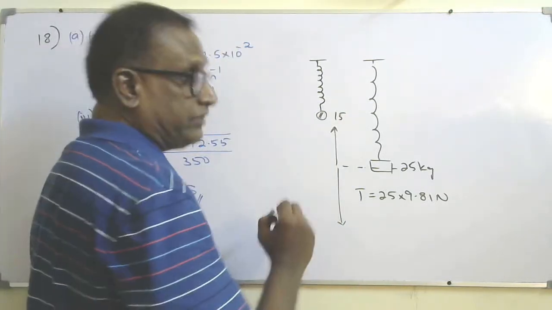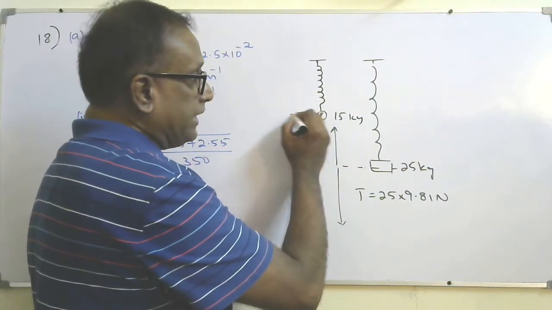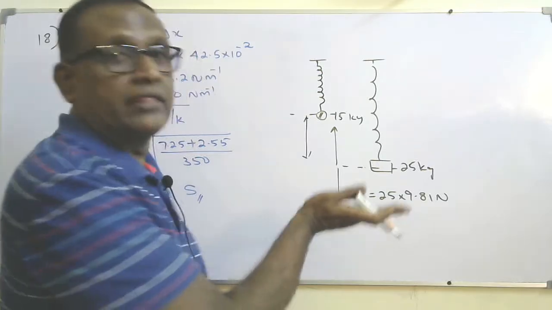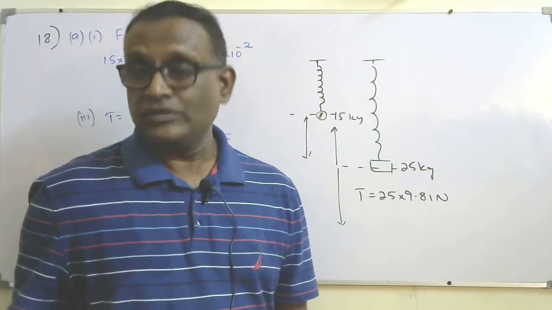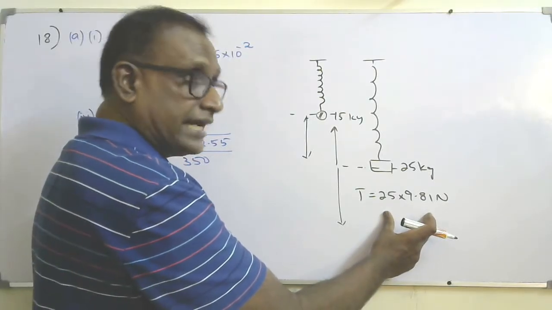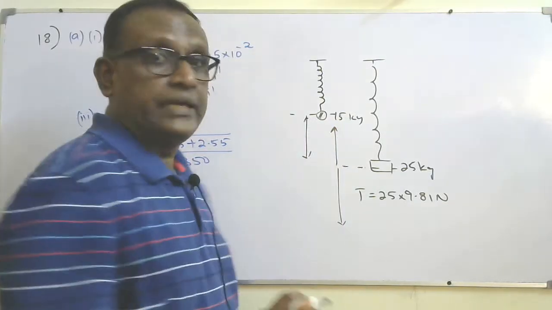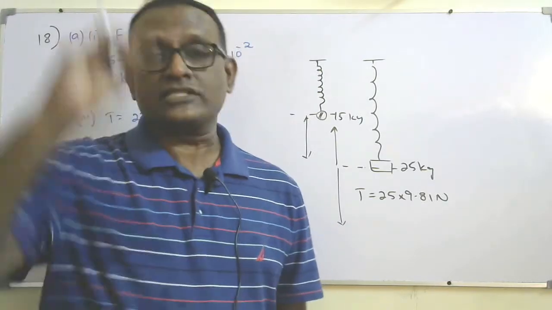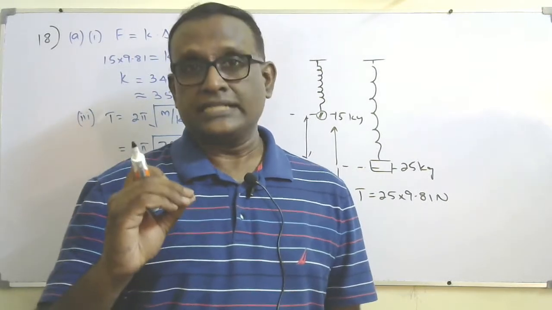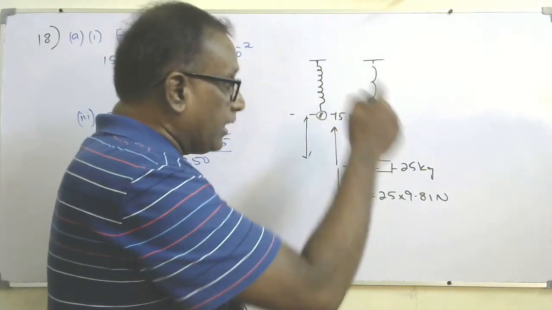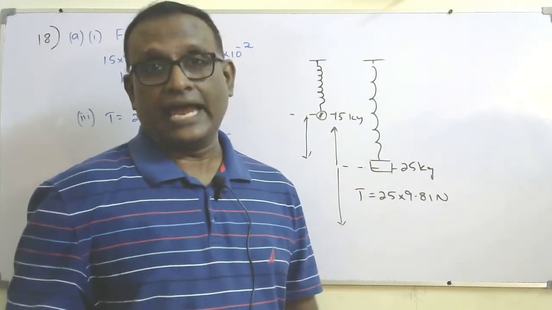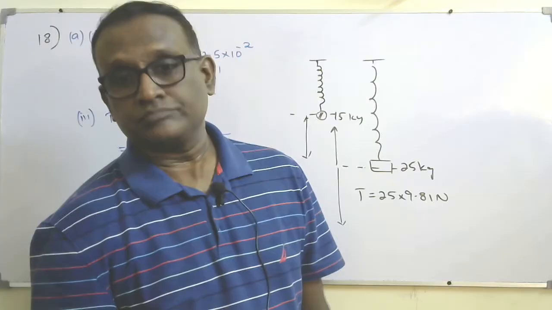So even if you have 15 kilograms, when it oscillates, the extension increases below the equilibrium position, the tension will increase and can become equal to this maximum tension. So that's the reason the maximum mass that could be attached to the spring when it oscillates must be lower than the maximum mass that could be attached when the spring is at rest at the equilibrium position.